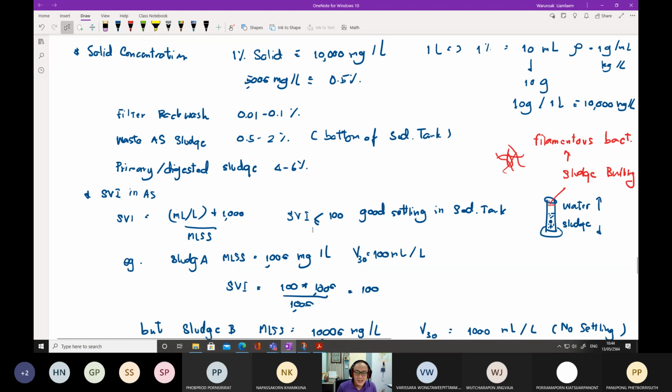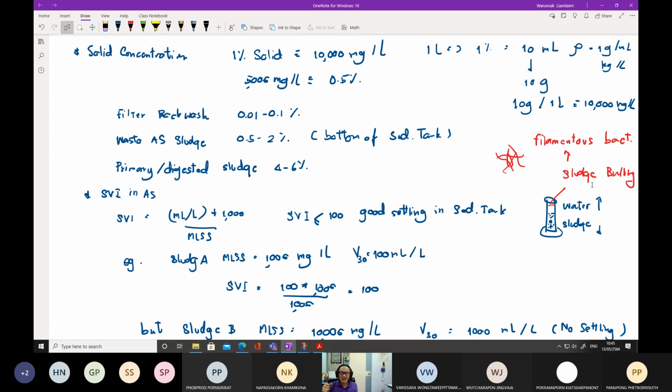The floating sludge observed here is a good indicator showing sludge bulking problems. What are sludge bulking problems? Sludge bulking is a phenomenon that actually occurs in the aeration tanks, but it affects the settling performance in the sedimentation tank.